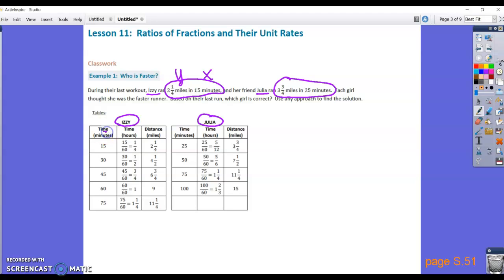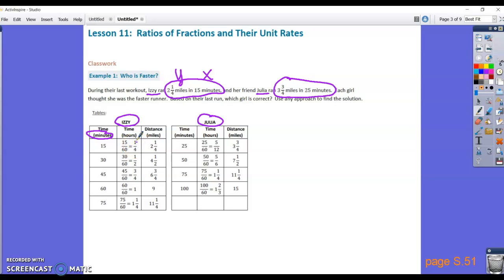If you were doing it in minutes, that was okay. So for 15 minutes, she did 2 1/4 miles. If you wanted to convert it to hours, then 15 over 60 was equal to 1/4.